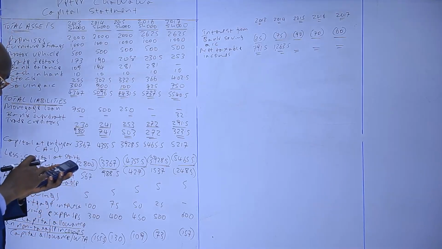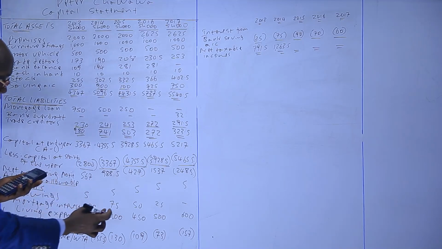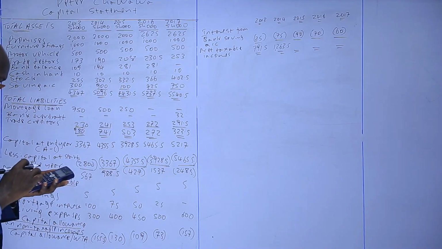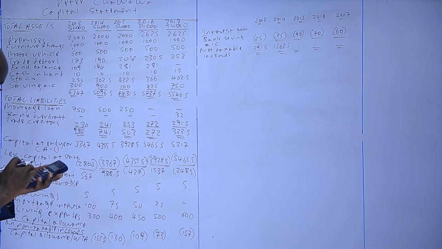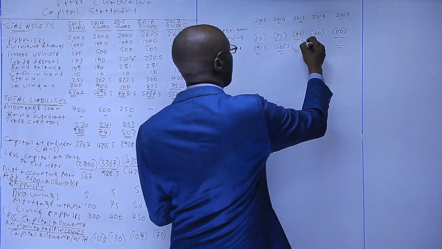Next, negative 427 plus 505 minus 109 minus 90, negative 121.